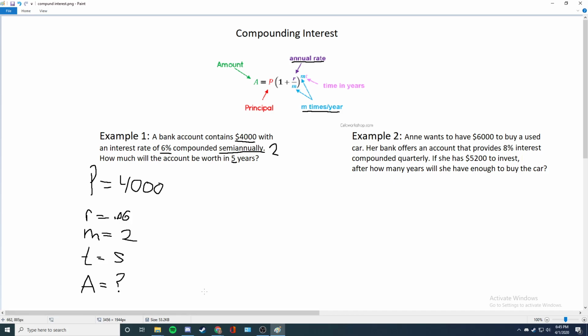So if we take that formula, we have A equals P, which is 4,000, times 1 plus R over M. So we have 0.06 over M, which is 2. And then to the power of M times T, 2 times 5.